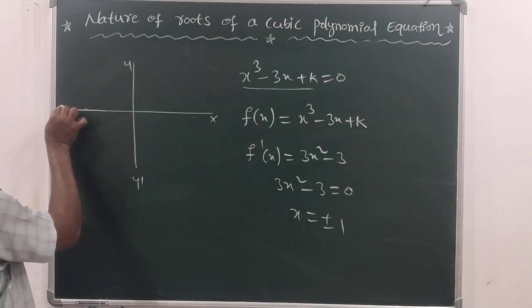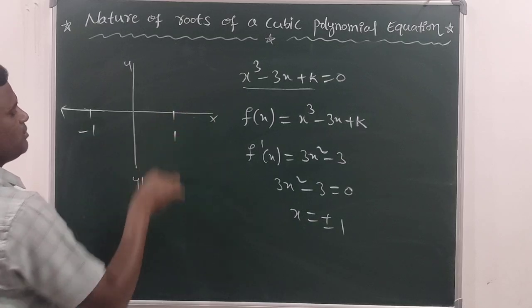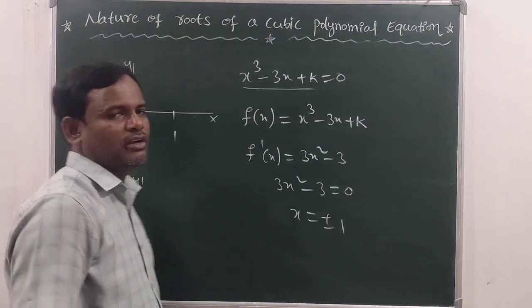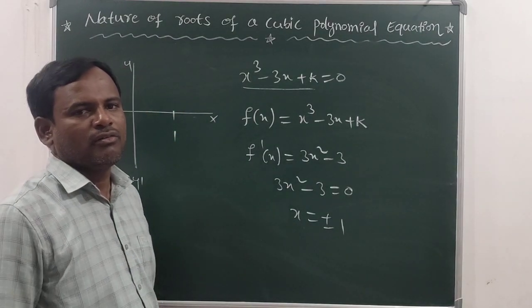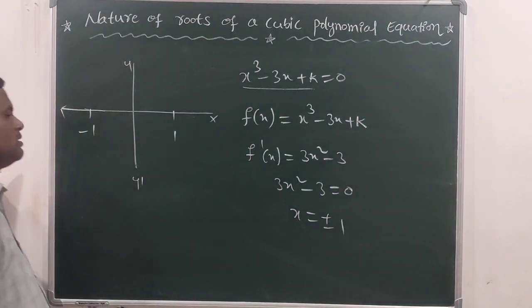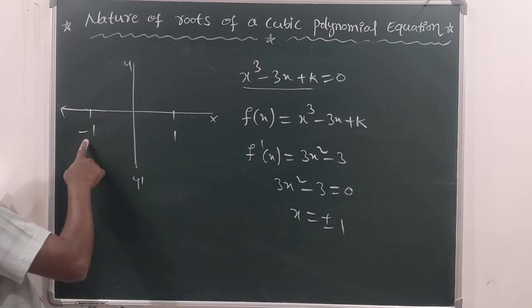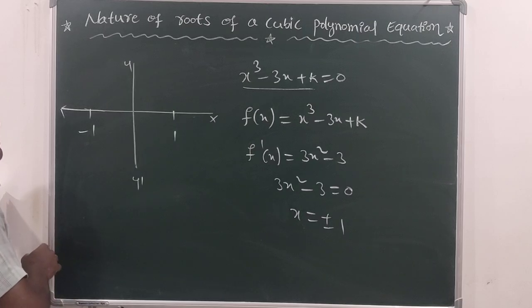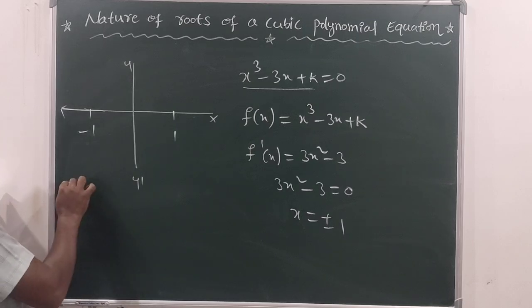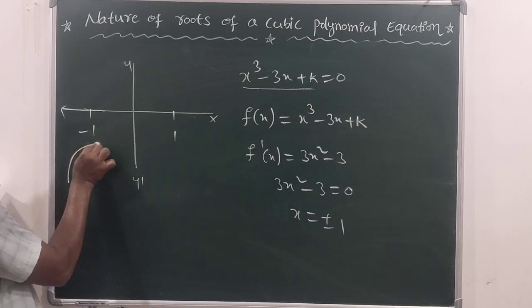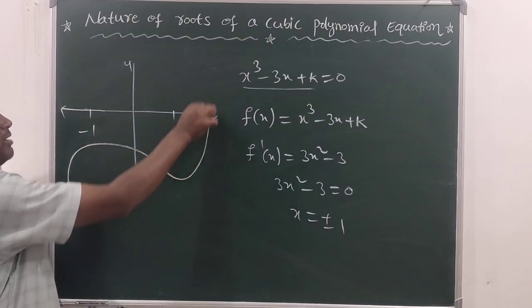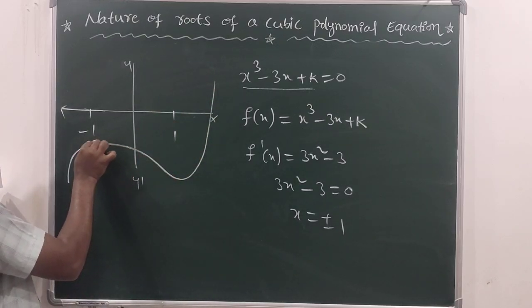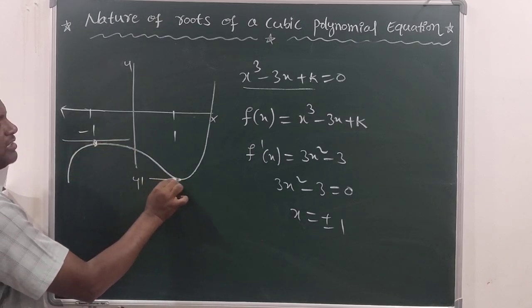Where it is minus 1, here it is minus, here it is plus. But it should get only one positive real root. One positive real root means how do you expect the diagram? Tell me students, at minus 1 and plus 1, you expect the diagram like this, because at minus 1 a horizontal tangent is possible, at plus 1 a horizontal tangent is possible.